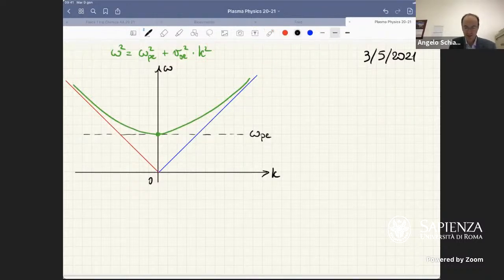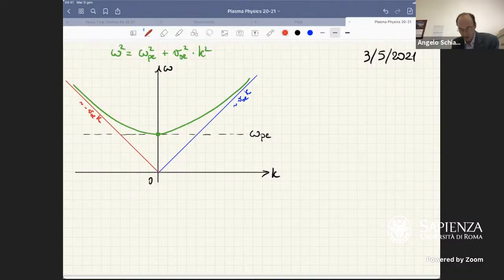We see that this asymptotic solution, for positive k, goes as V0e times k, which represents the progressive solution. So it's moving towards positive x, and the other one is the regressive one that goes like minus V0e times k.